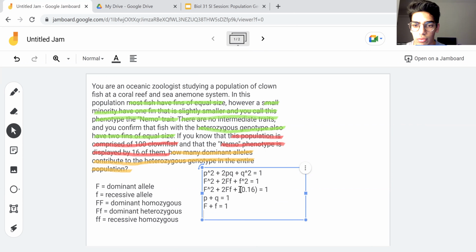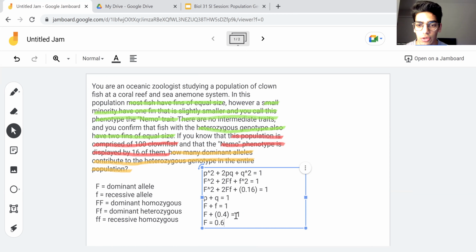So the square root of 0.16, I'm going to do that on my calculator real quick, and you should do the same. The square root of 0.16 equals 0.4. So we have big F plus 0.4 equals 1. We solve for big F by subtracting 0.4 from both sides, and that gives us big F equals 0.6.